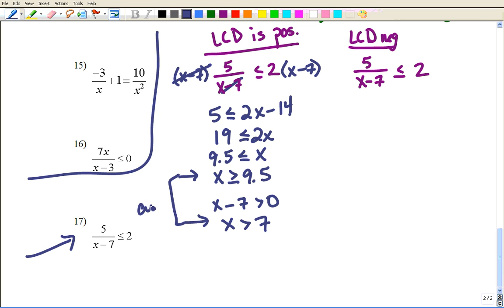But this is an and statement. So let's do our little number line. And we've got 7 and 9.5.